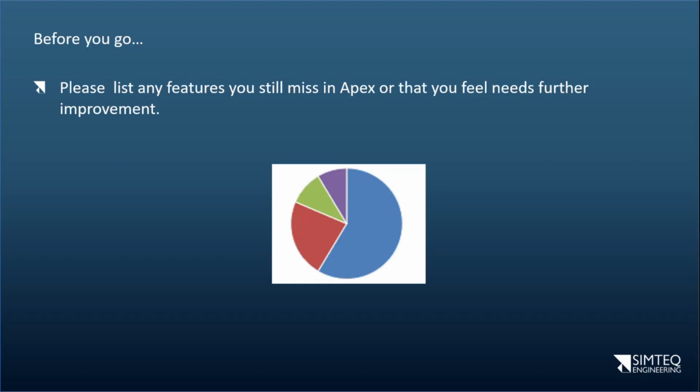So please enter any feature that you miss or that you feel needs further improvement. So anything that you haven't noticed, or even if you've noticed it, but you're not sure, it's more than welcome to put it up. We will get in contact. If it is something that already exists, we will help you find it or get a better understanding of why you listed it. Maybe there's some enhancement that you've requested that you would like added.